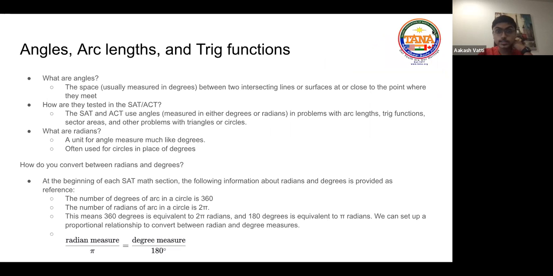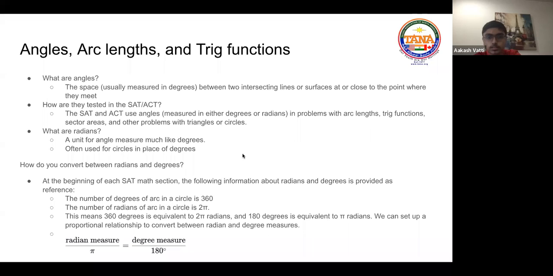So, angles, arc lengths, and trig functions. What are angles? I'm pretty sure just about everyone has learned them by now. Algebra teaches you them. Angles are the space, usually measured in degrees, between two intersecting lines or surfaces at or close to a point where they meet. And how are they tested on the SAT and the ACT?